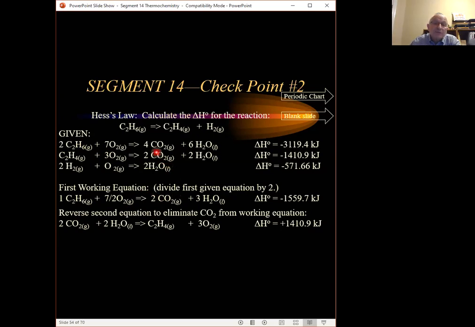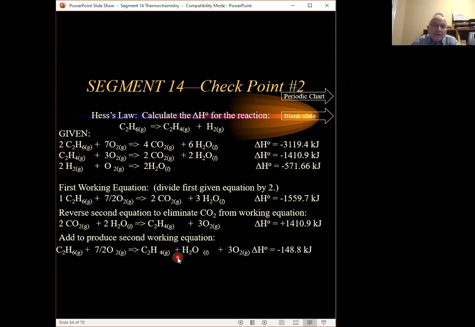If I turn this one around, it would have 2 CO2s. So 2 CO2s and 2 waters would go to C2H4 and 3 O2s. But I turned it around. It was minus 1410.9. Now it'll be plus 1410.9.